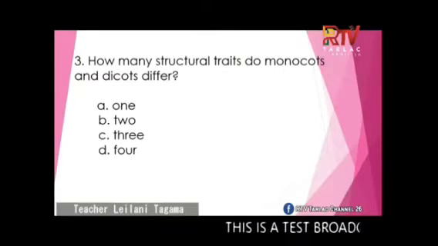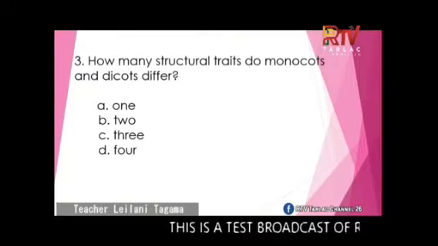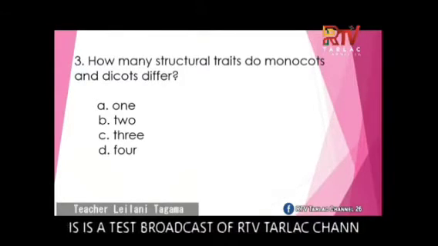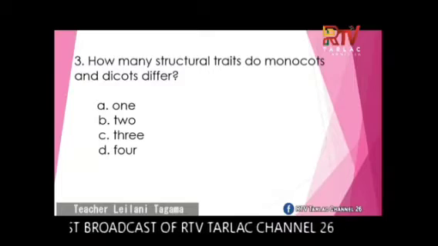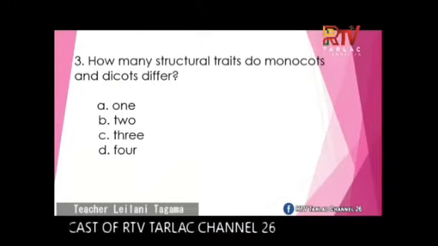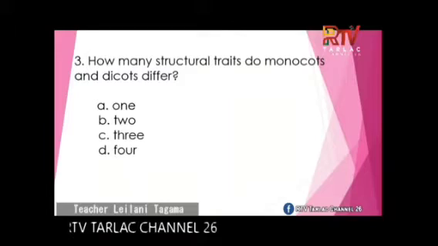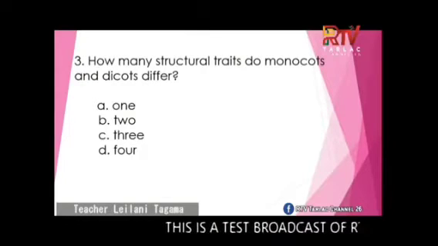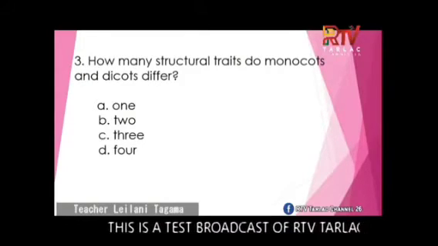Number 3 questions. How many structural traits do monocots and dicots differ? A. 1. B. 2.